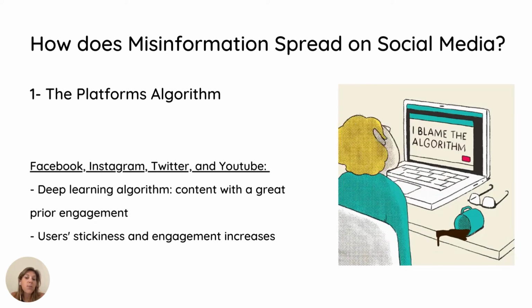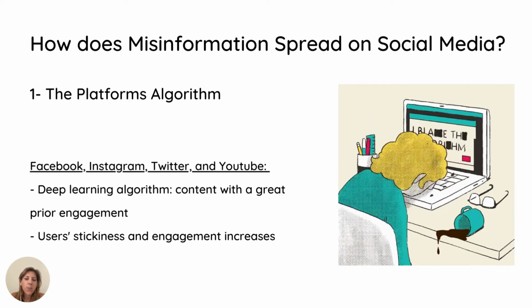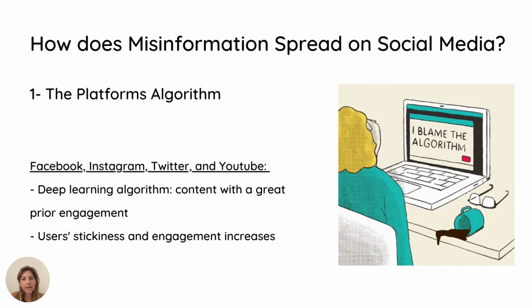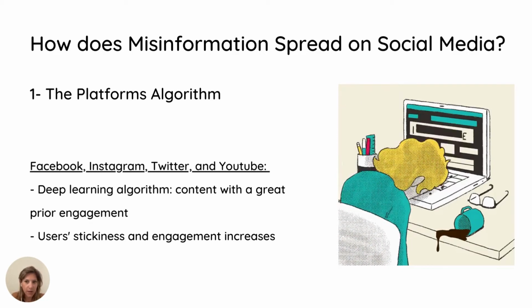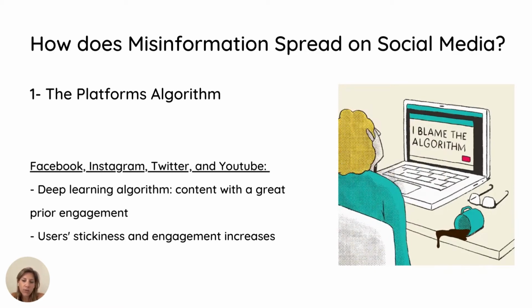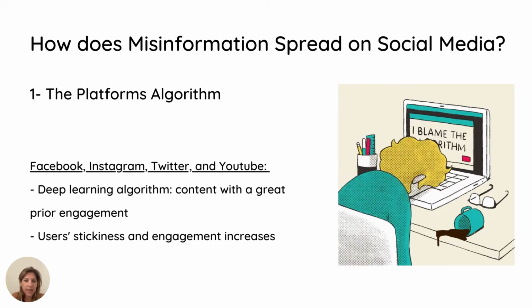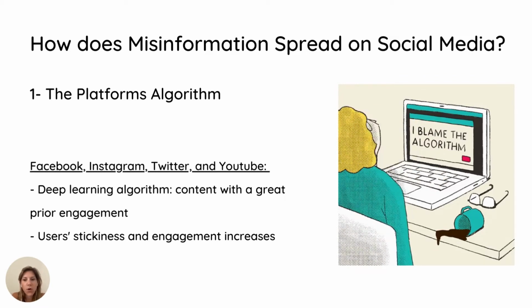That algorithm prioritizes content with prior engagement, which means that the more initial engagement posts get, the algorithm will take this as an indication that this is good content and will start showing it organically to more people on their feed or their timeline. The reason why they do that is that these platforms believe that users are more likely to stick around and engage if they see content that already has some engagement, compared, of course, to content that hasn't.